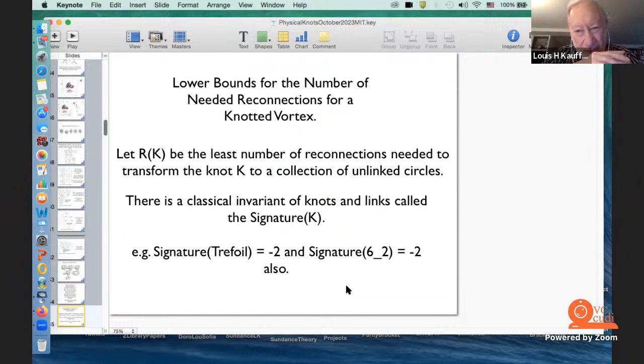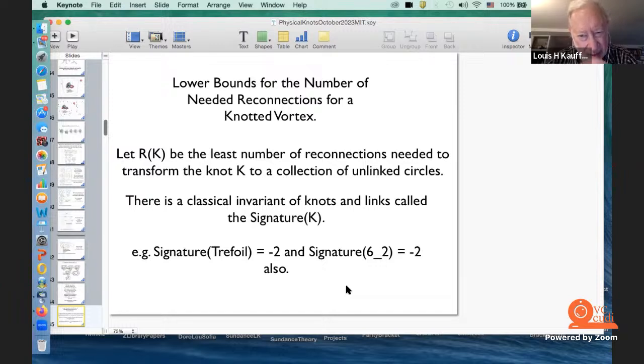Now, what about lower bounds? Well, topology can give you some lower bounds, and some more elementary topology than the Khovanov homology that I mentioned at the beginning will give you some lower bounds. They aren't the best lower bounds, however. They are good lower bounds for the trefoil and the 6.2. It comes from the signature of the knot.